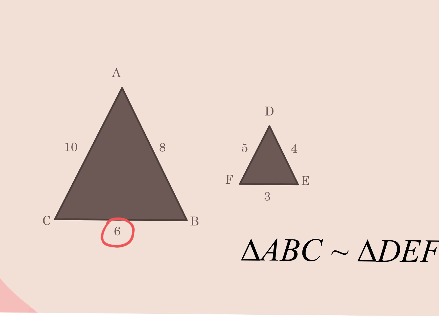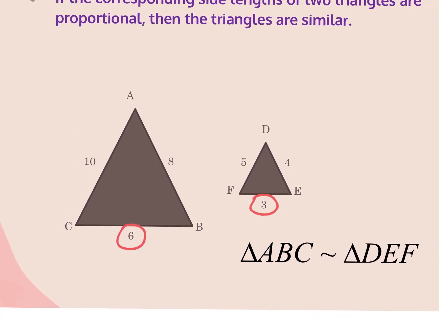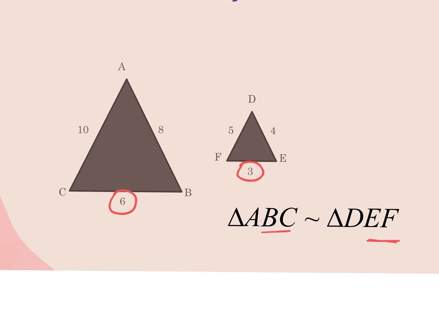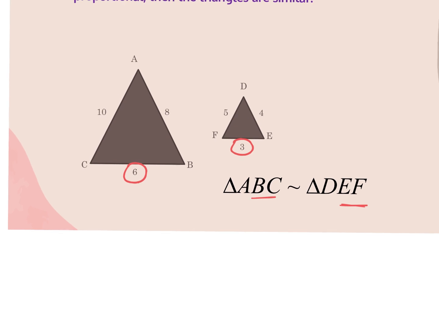Then I would match it with the smallest side of triangle DEF, which is the 3. And if you notice in the similarity statement, BC is matching with EF. So you can confirm this, and you would state that BC is going to be proportional to EF.